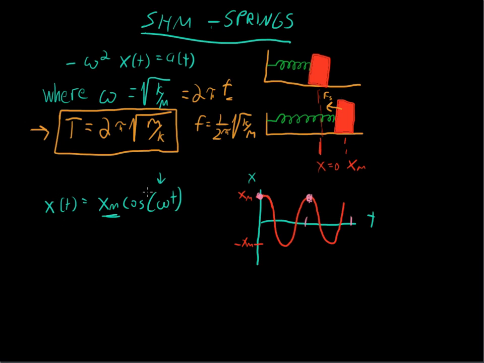We can do similar things for the velocity and for the acceleration functions. One of the things you'll find with the velocity function is that right here it starts off at rest. So if I wanted to do a similar thing for the velocity function, then we would find that here's v max, the maximum velocity, here's the maximum velocity in the negative direction, and it starts off at 0, and it ends up initially going in the negative direction, right?